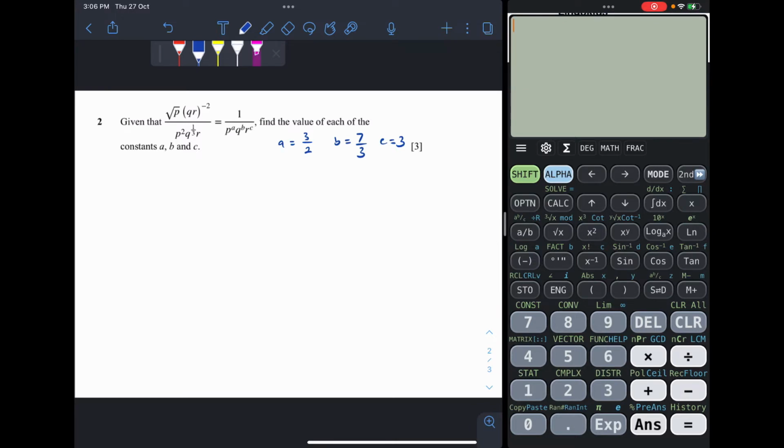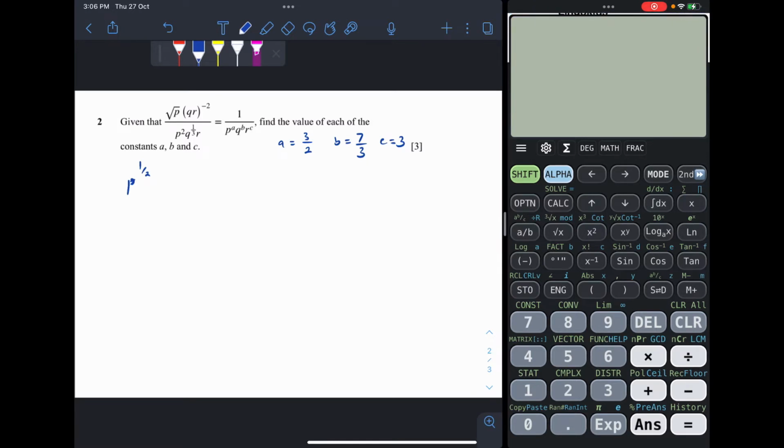So same thing like just now. So p to the power of 1 over 2, because when you change a square root, it actually becomes a power of 1 over 2. So p to the 1 over 2, and for the negative 2, we must multiply both on the inside. Like I said, it has an invisible power of 1, so it's actually q to the power of 1, r to the power of 1.